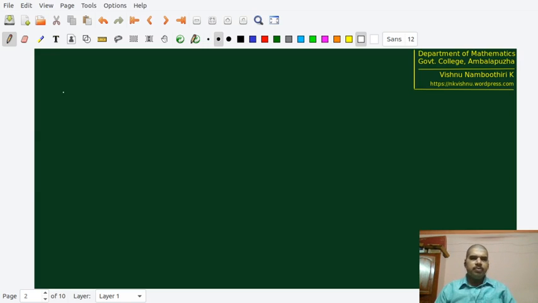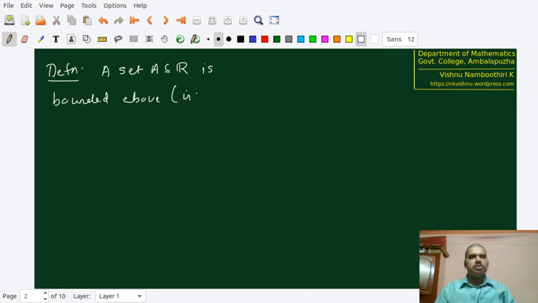To start the analysis, we now have a definition. The definition is the following. A set A, a subset of the set of all real numbers, is said to be bounded above, if you want to specifically say, in R, if there exists a real number b in R such that if a belongs to A, then a is less than or equal to b.